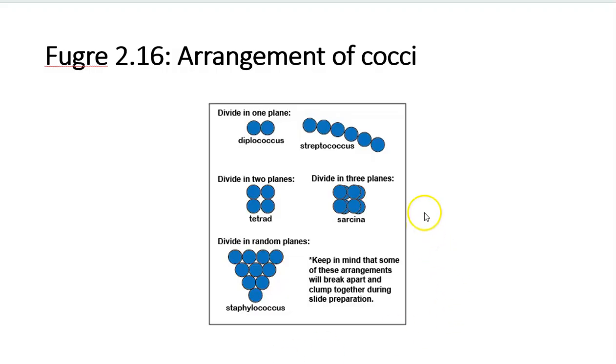Okay, so here's the key. Cocci can divide in different planes. Okay? There are cocci that divide only in one plane. And that is if it forms 2 cocci together, it is called a diplococcus. Okay? And there are certain diplococci that we look for. We'll talk about that as we get through these organisms.